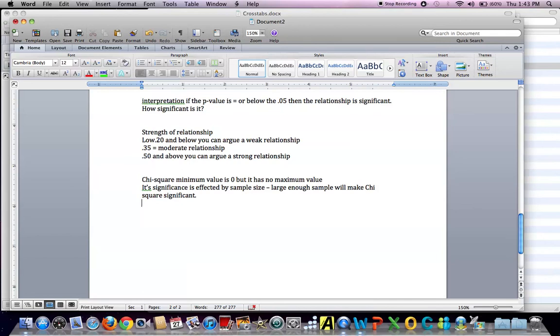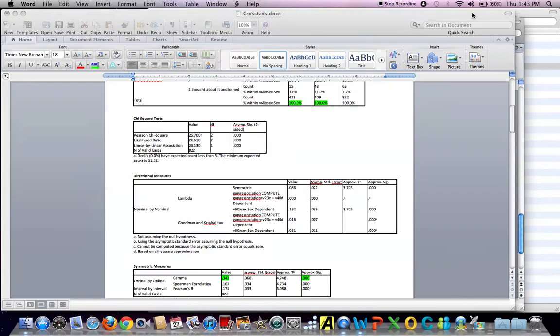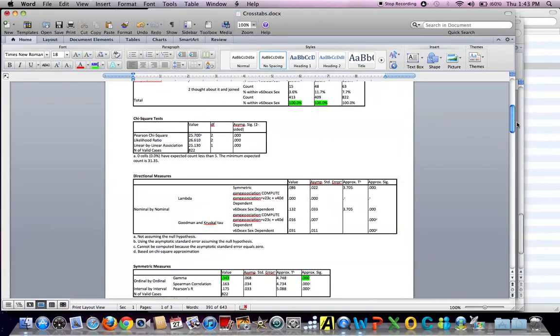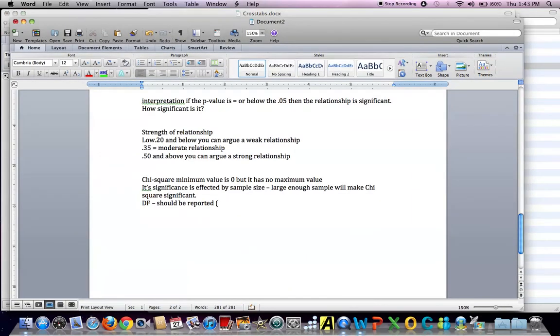The other thing with chi-square that is a little bit different is that your degrees of freedom should be reported. The degrees of freedom are determined by the formula R minus 1 times C minus 1 equals the DF. R is the row, and C is the column.